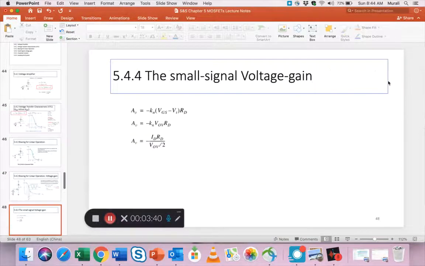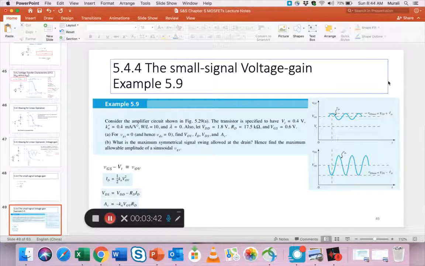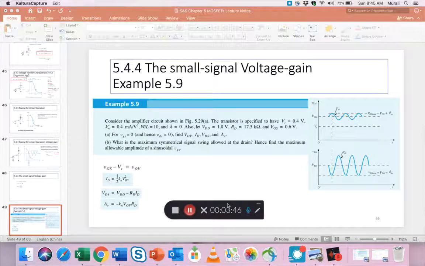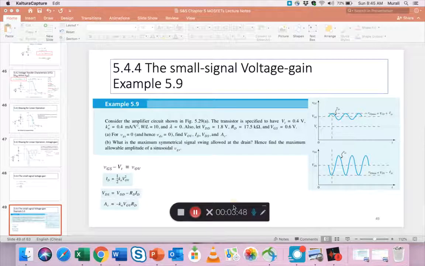With that clarification, I'm moving on to slide 49, where we have our first example of this material. This is example 5.9. I think it's an important example, so please pay attention and make sure you understand all the subtle details.